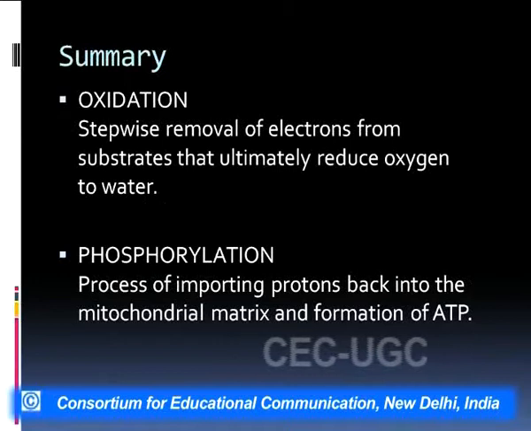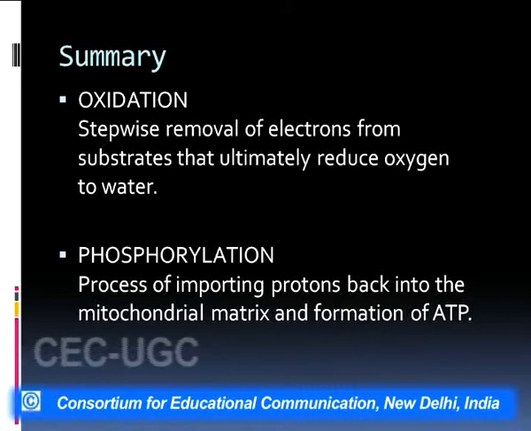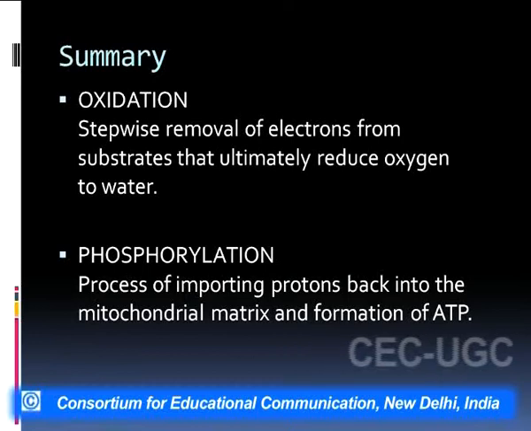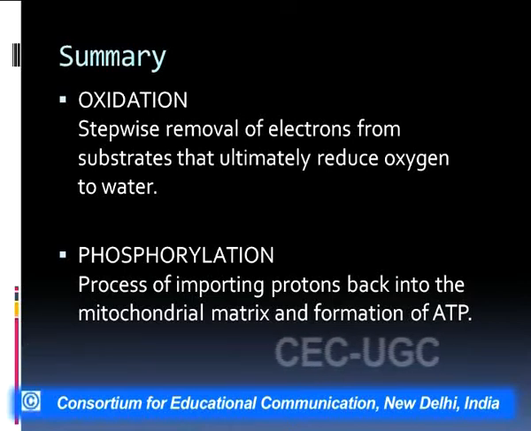In summary, there is stepwise removal of electrons from the substrates which ultimately reduce oxygen to water. Once this process takes place, the protons are imported back into the mitochondrial matrix and the formation of ATP takes place.